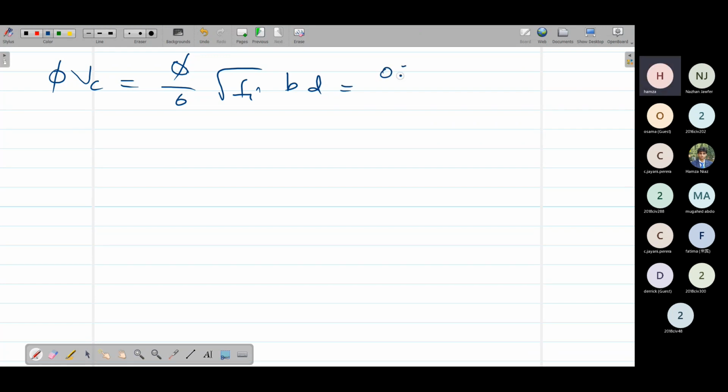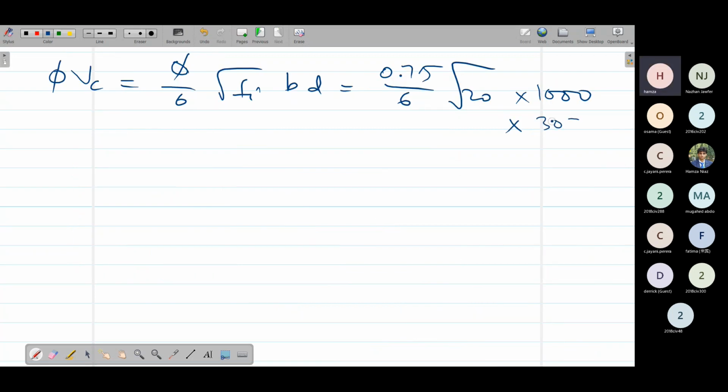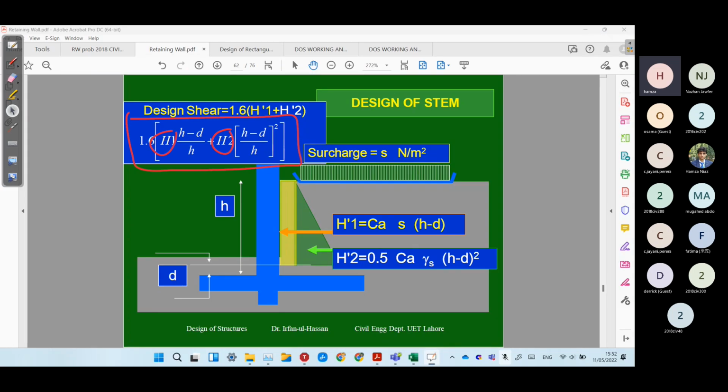Phi we have as 0.75, fc dash we have as 220 in the question, b we are going to assume as 1 meter width, that is 1000, and d we have calculated as 302. This way we can check this applied shear against this shear capacity.